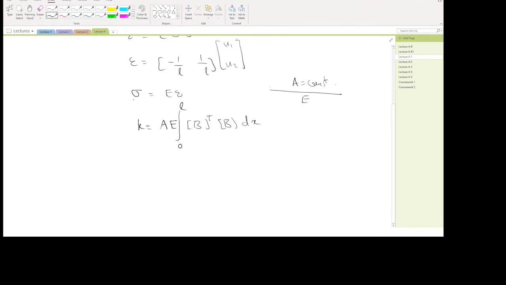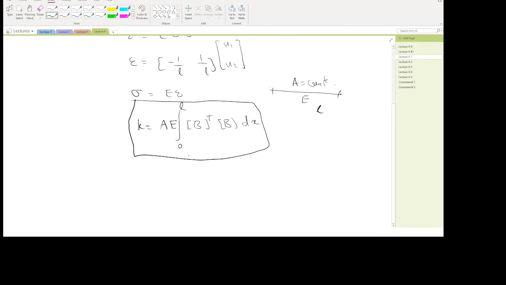So this is the expression we had for the stiffness matrix. We're still talking about a constant cross-section, the same material properties, and the length L. So these properties all are the same. So this expression for the stiffness matrix will be sufficient for us to use for the new element as well.